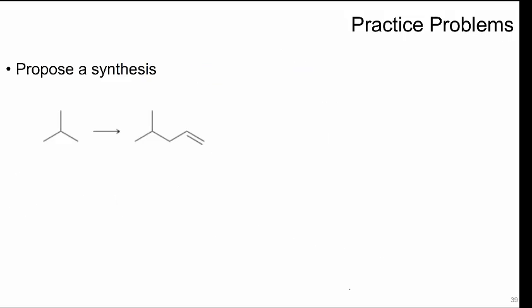So if you wanted to propose a synthesis here, we're making our observations. We've added 2 carbons and an alkene. So if we look at this currently in its state, there's no functional group here, so I want to put one in.